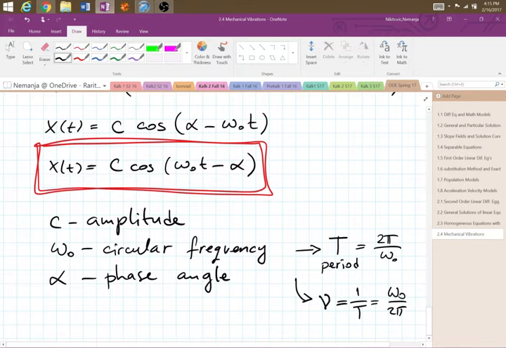Not that big a deal. There is this, we have to distinguish.